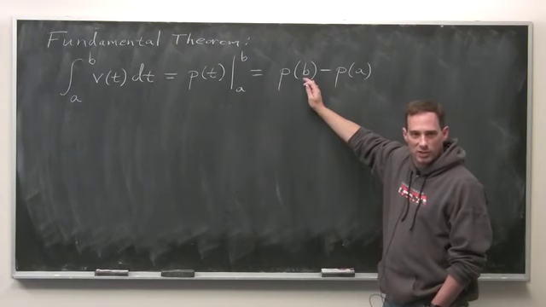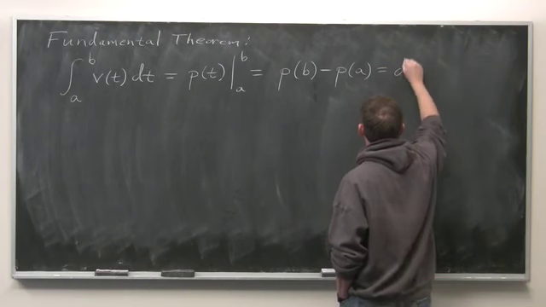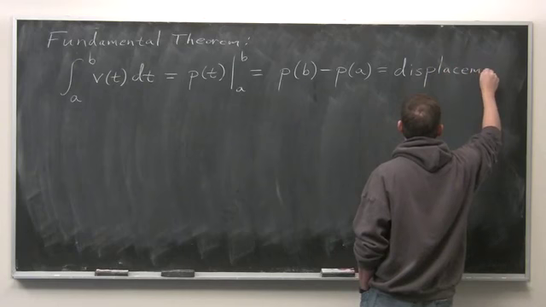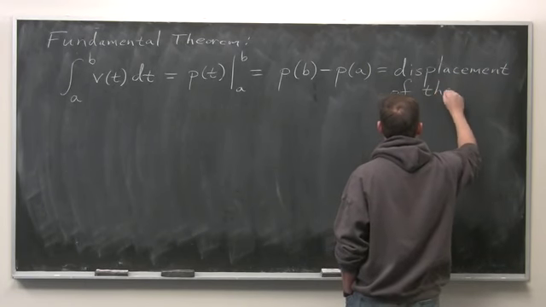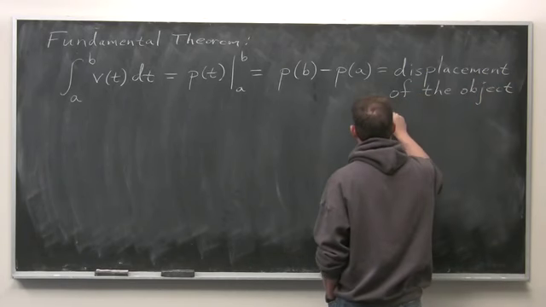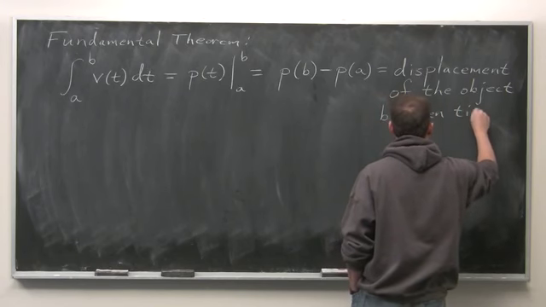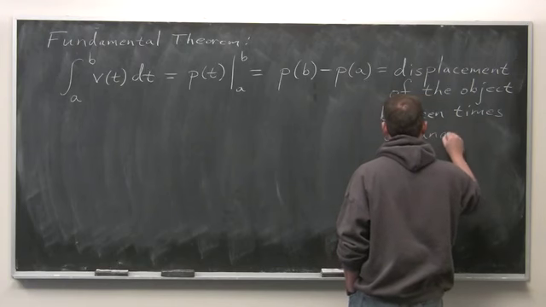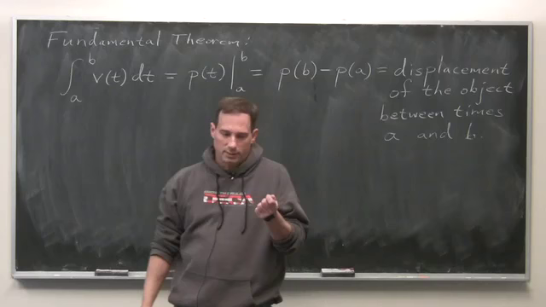But this change in position of an object is called the displacement. So this equals the displacement of the object between times a and b. Understand what displacement means.